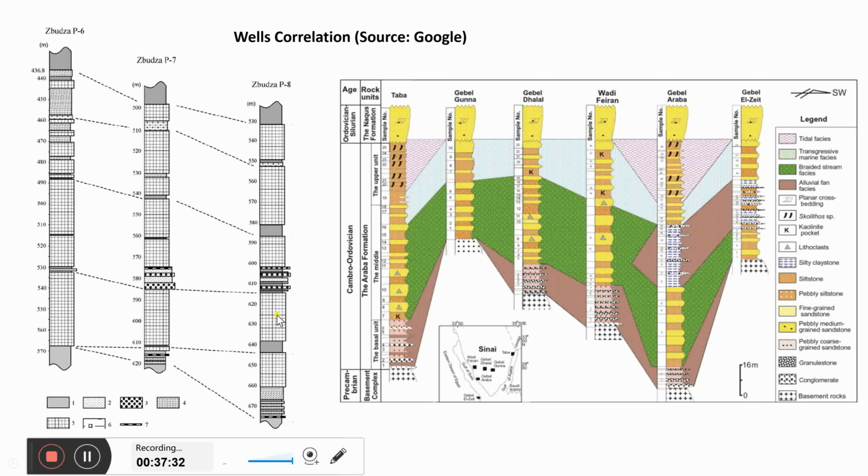Okay, here is another example of how this information can be used effectively, and it is also your lab one. We also call it well correlation to develop a geological model. If you have multiple boreholes, you have to identify the similar lithologies, then correlate, and at the end, a geological model will be developed that will help you to understand the deposition in a particular area.